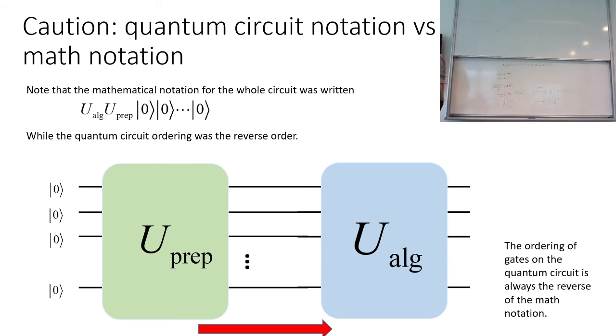For example, in the example I just did, where we did the preparation and then the algorithm, if I were to write that in operator notation, I would write U L acting on U prep, and that acting on this initial state. So just always be careful that when you're drawing a quantum circuit, everything is in the opposite order. It's just one thing to look out for.